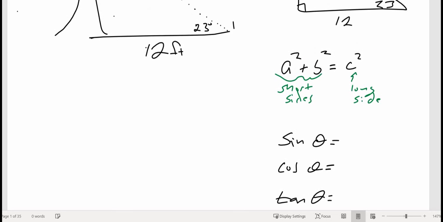Now, for the sine of an angle, do you remember which? When you think about sine, cosine, and tangent, let's just think sine. Do you know what that is?